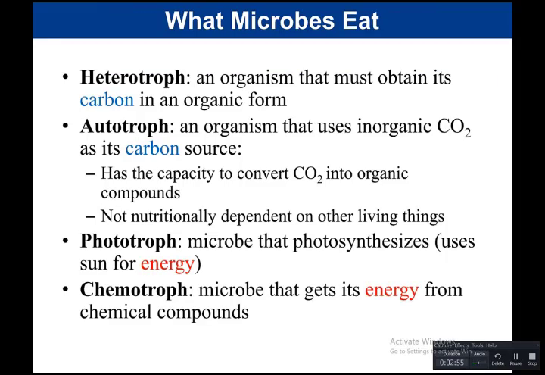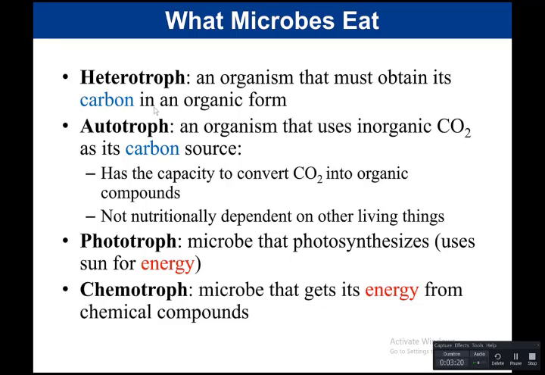So there are different terms for how organisms acquire carbon and how they acquire energy. And so the top two terms are used to describe how an organism takes in carbon. If we call an organism a heterotroph, hetero means other, troph, feeder.